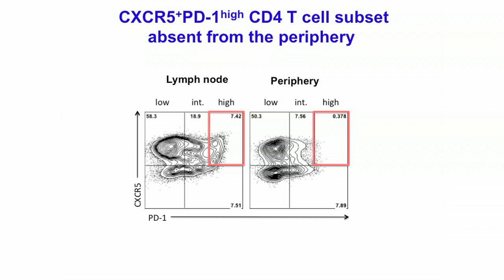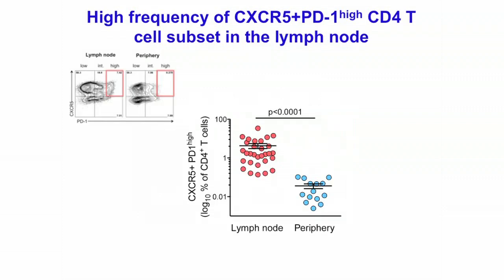You also see that those responses are not present in the periphery, so those cells are only found within the lymph node. And here again, to confirm, this is a log scale: there might be very small levels of T follicular helper cells in the circulation. I don't know if they're there or not, but there are high levels of those cells within the lymph node.